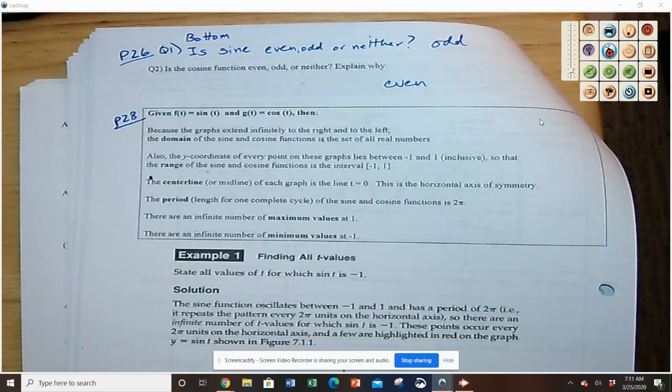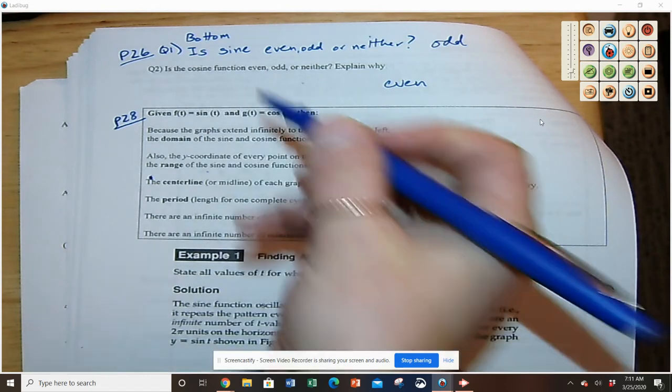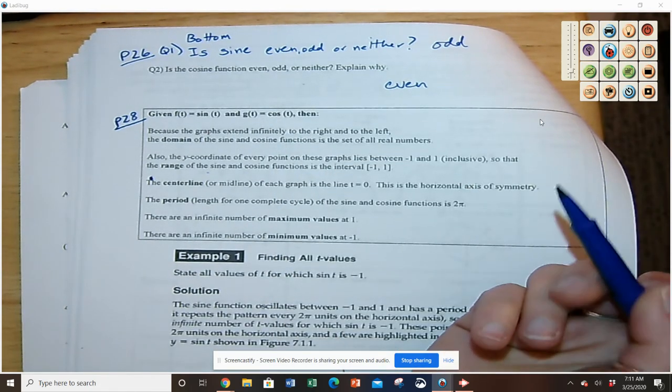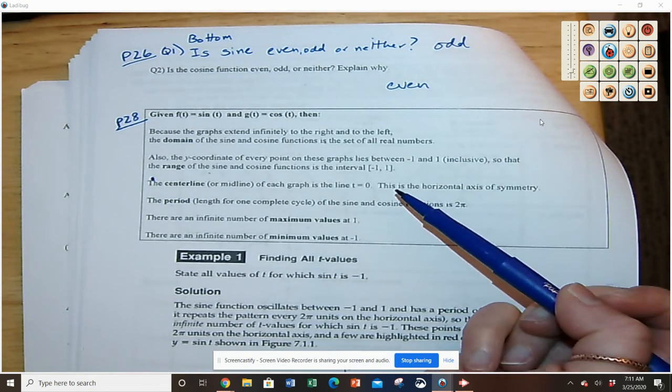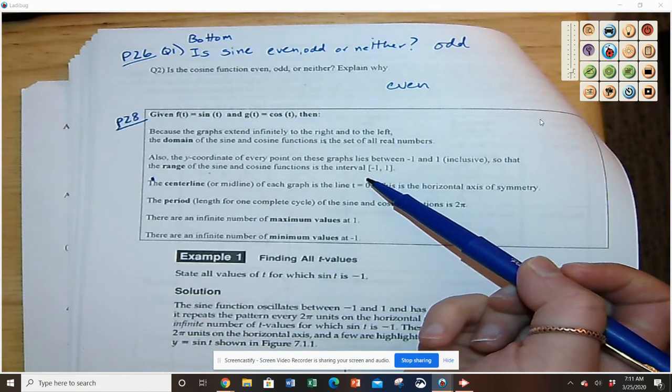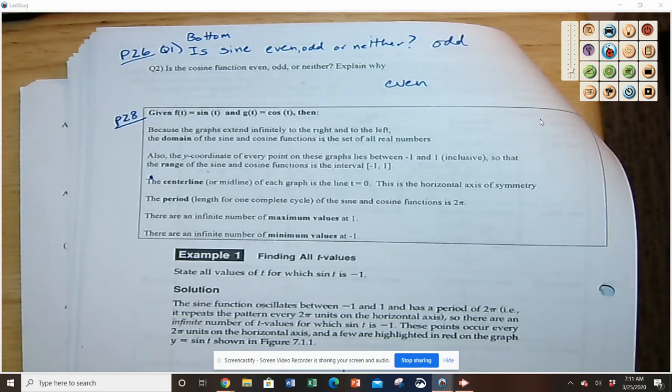All right, then over here, you can go through all the characteristics. Domain will always be all real numbers. The range is going to be the interval inclusive from the minimum to the maximum. That will pertain to your A value, and we'll look at the transformations in a minute. The center line or the midline is a line that the graph toggles around.